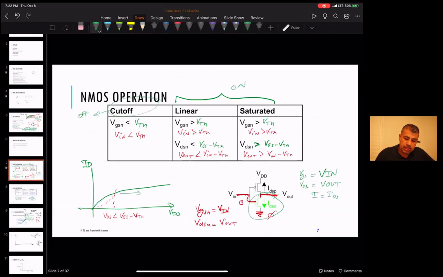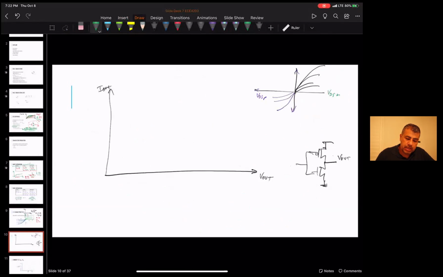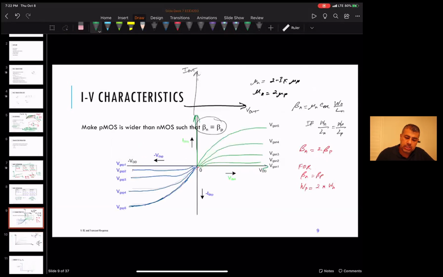So if we go back here, we end up with the same curves we had out here. So these curves stay the same.